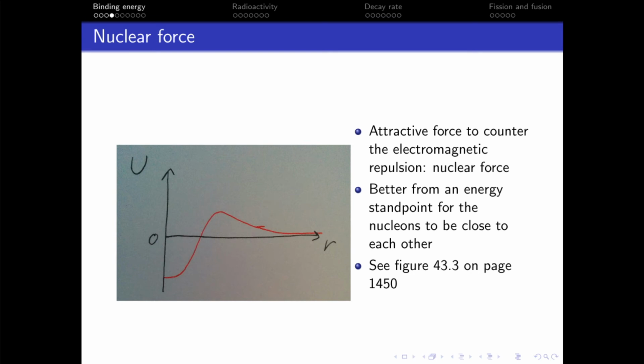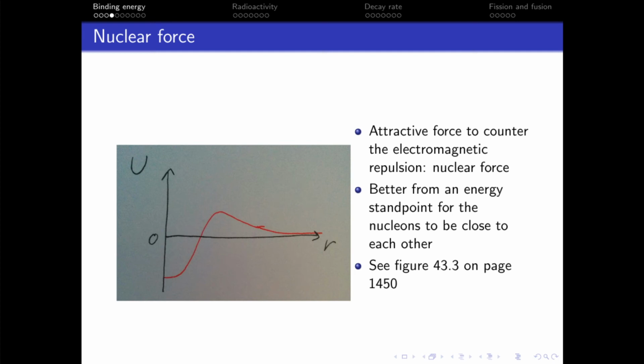But if you try to jam together a whole bunch of positively charged particles, electromagnetism tells us that it is not a good plan. These particles repel each other. So whenever we try to put them together, we'll most likely end up with something very unstable. Which is why we need a new force.